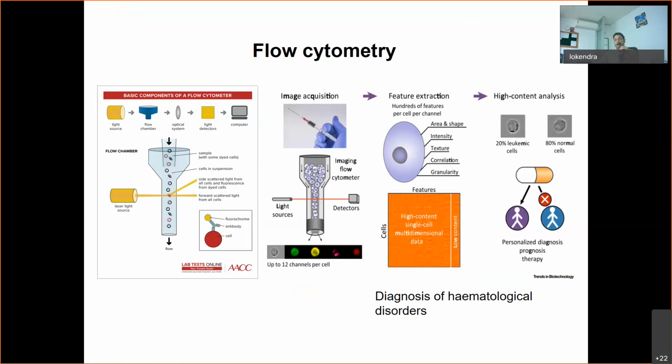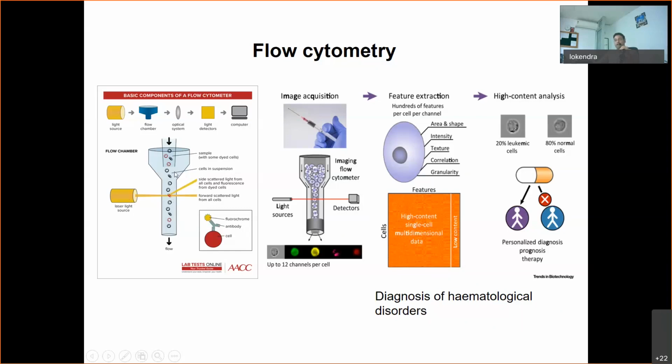Those cells can be marked with certain antibodies, either CD receptors or various other types of receptors. And then based on the fluorescence of these fluorochromes, it can be identified that in a given sample, even a tissue sample or a given cell suspension, how many cells are expressing that particular receptor, because that receptor can be identified by an antibody, and this antibody is attached to a fluorochrome, and this fluorochrome can be identified with laser light specific to a particular wavelength.